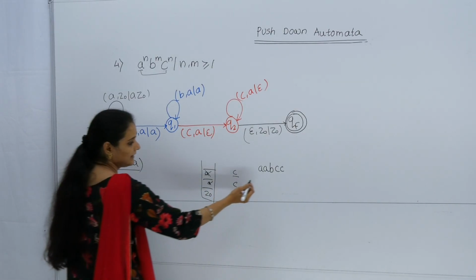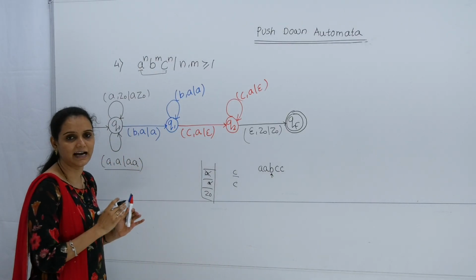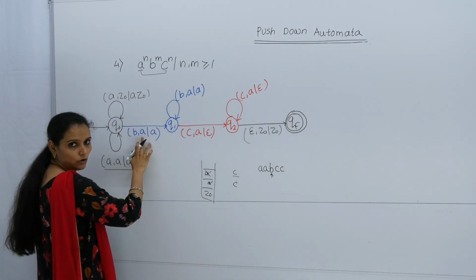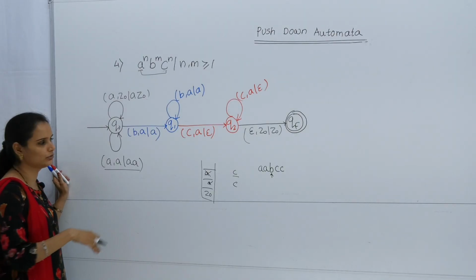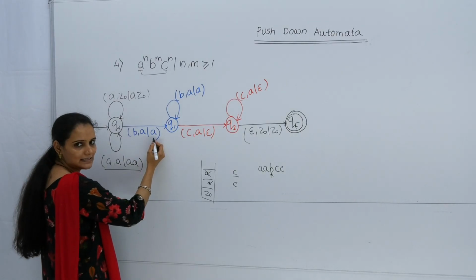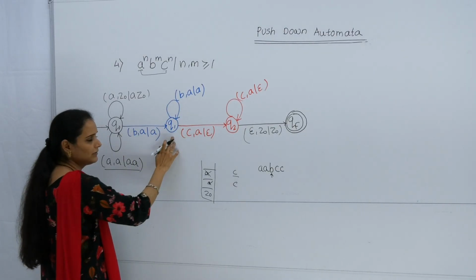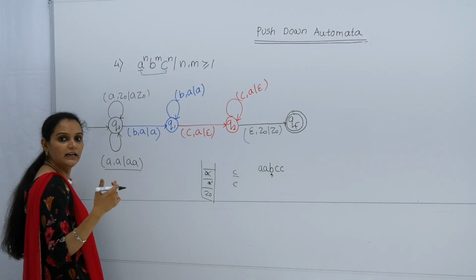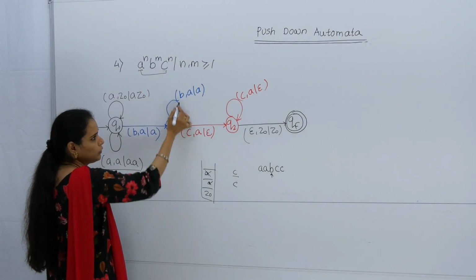Now we obtain our first B. Whatever the first B or second B, we only read and ignore them. At that time the top of the stack is A, because we have pushed the A's into the stack. So for that condition we make a loop, because we can't say the number of B's is 1, 2, 3 up to n. So that loop is there.